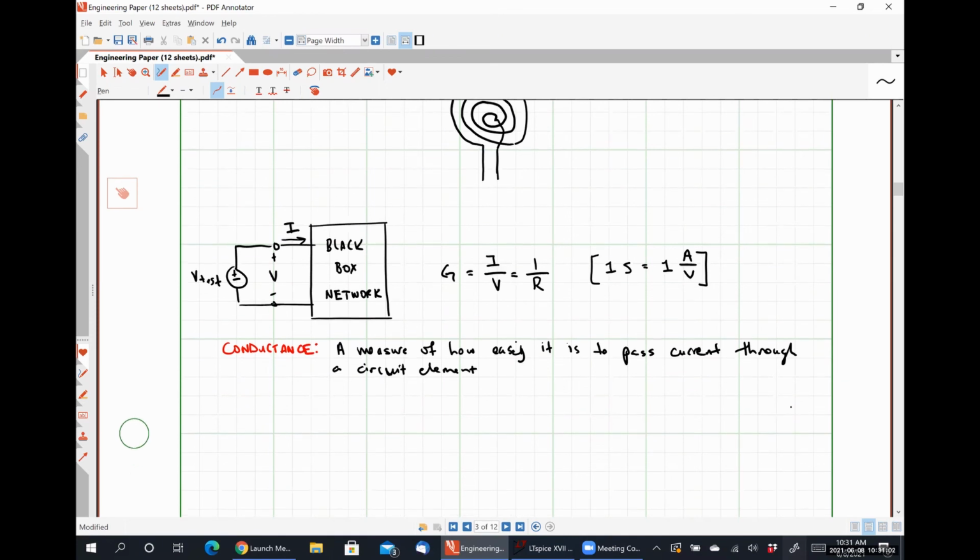Let's introduce very quickly the schematic diagram symbols for resistance and conductance as well. And this can be potentially a little bit confusing. Here is the symbol for a resistor. And here is the convention.